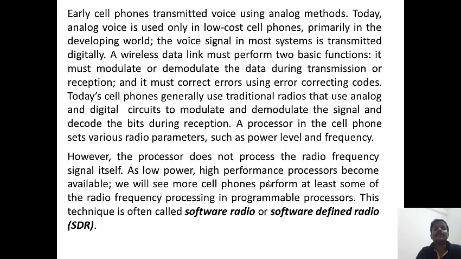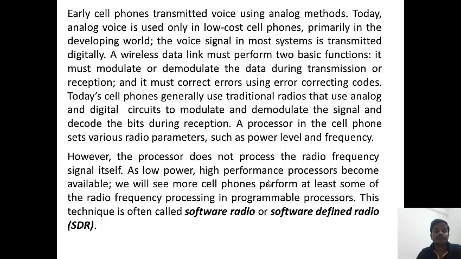The voice signal in most systems is transmitted digitally. A wireless data link must perform two basic functions. It must modulate or demodulate the data during transmission or reception, and it must correct errors using error correcting codes.